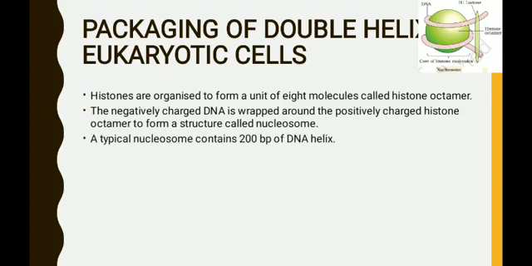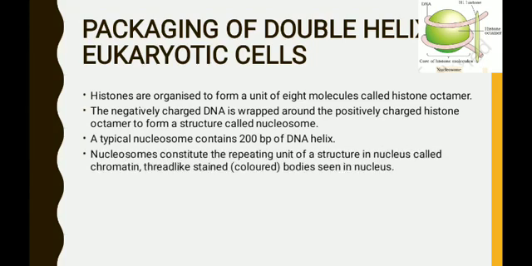A typical nucleosome, that means octamer with coiled DNA, contains nearly 200 base pairs of double helix. That means the DNA which is coiled around that octamer is around 200 base pairs in length. Nucleosomes constitute the repeating unit of structure in the nucleus called chromatin. A thread-like stained or colored body is seen in the nucleus.